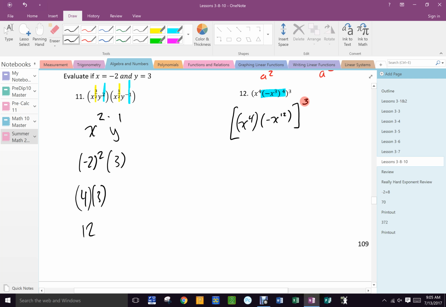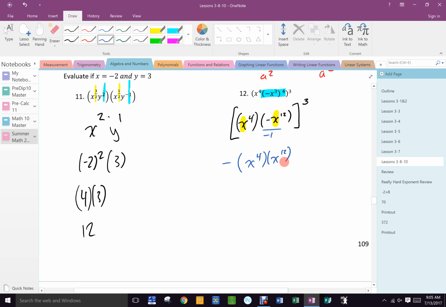Agreed? Now, technically, are these the same base? They are, because what can I do with that negative? I can divide it out of there, can't I? I can bring that negative all the way up to the front, and this becomes x to the 4th times x to the 12th.